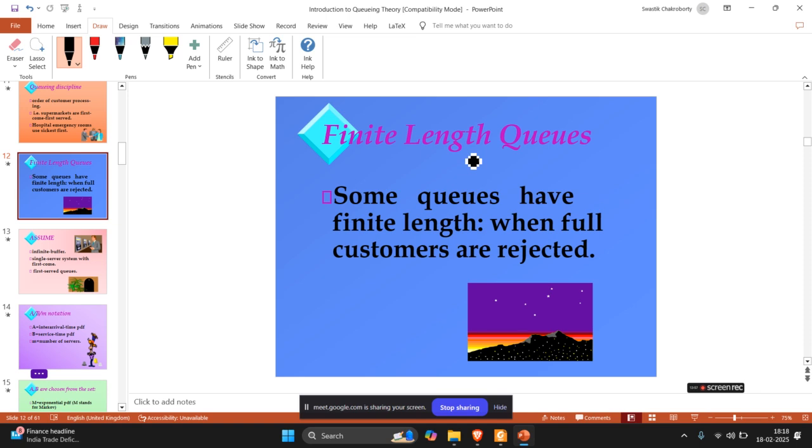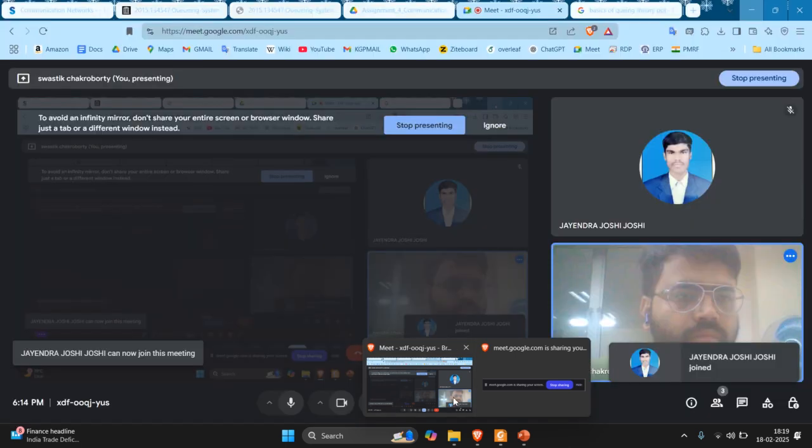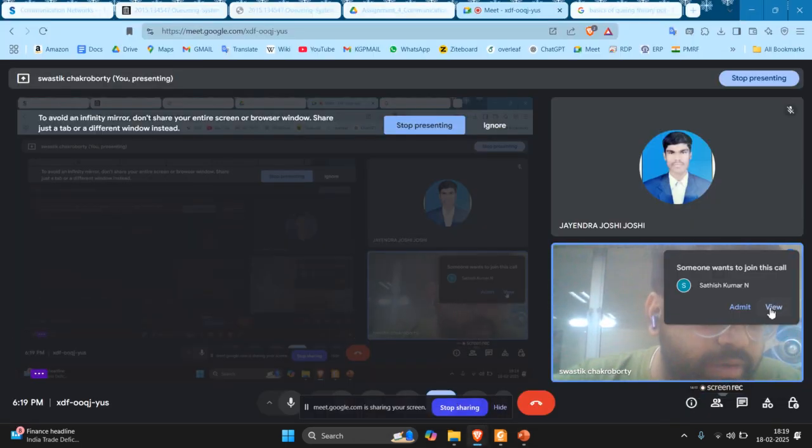Finite length queues are another type of queuing discipline, where you will be put in the queue if and only if you are within the queue length. So if 500 customers can wait at a queue and you are the 501st customer, you will not be admitted.